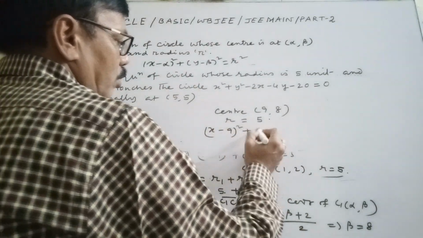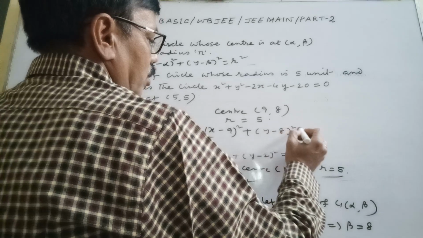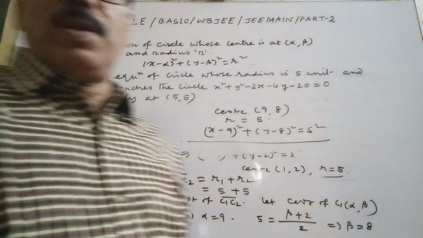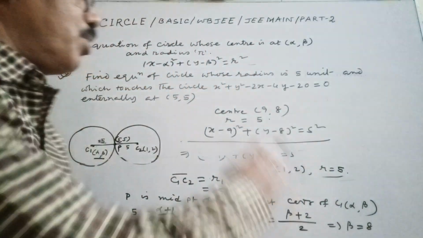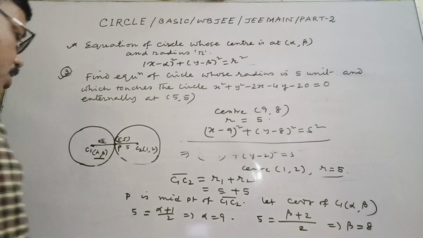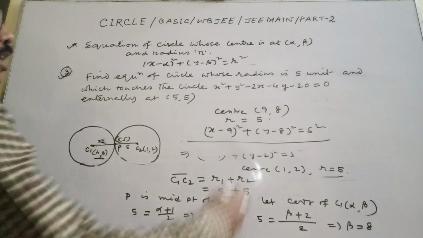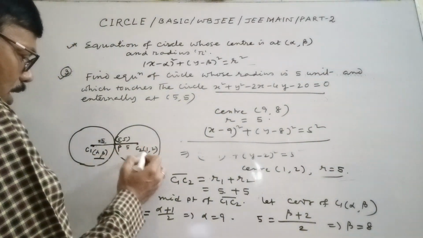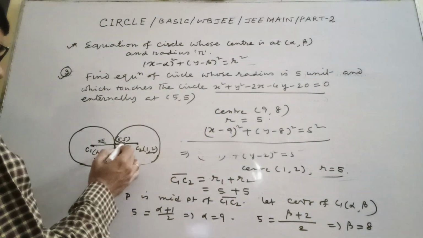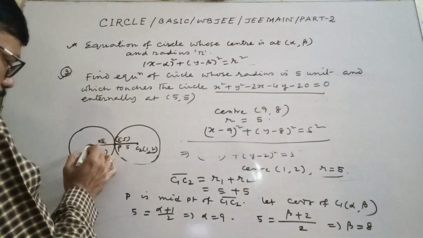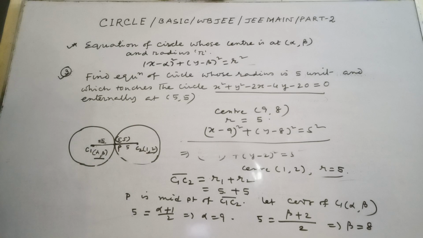X minus 9 whole square, y minus 8 whole square equals 5 square. Simplifying, you put it in standard form. Now, this concept you have to use. Equation of second circle is given, its radius is 5, center is (1, 2). And the radius of the first circle is given as 5. So P is the midpoint.